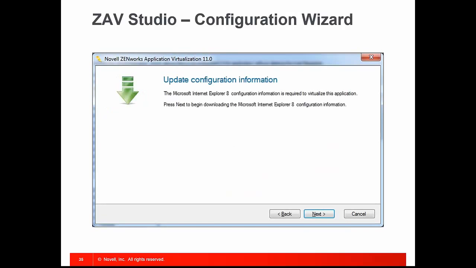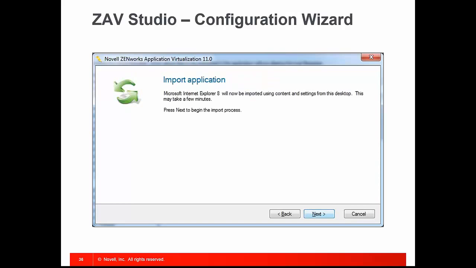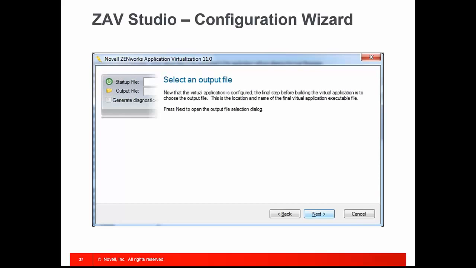So if you hit Next, the very next thing it does is download the latest recipe, the latest template, asks you to begin the import process, and basically just as quickly as I'm going through these slides, pulls all the files together for Internet Explorer, all the registry settings that it knows IE needs, and puts it all together, asking you what output file to generate the executable for.